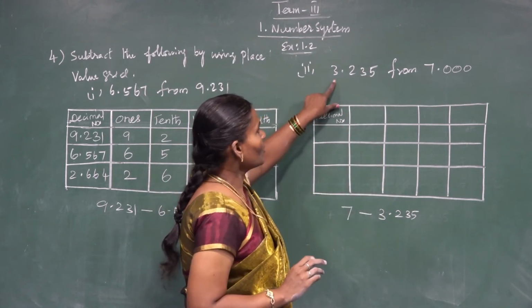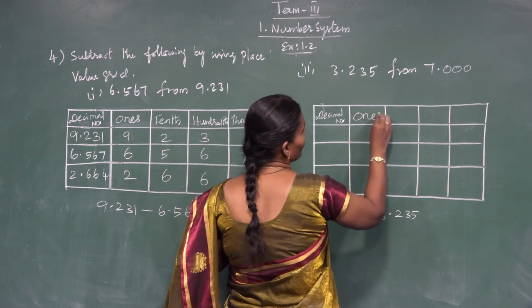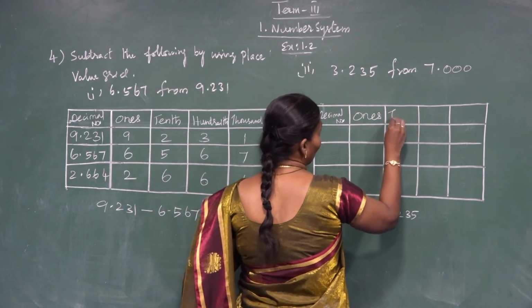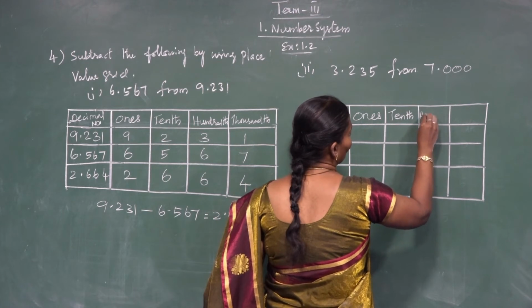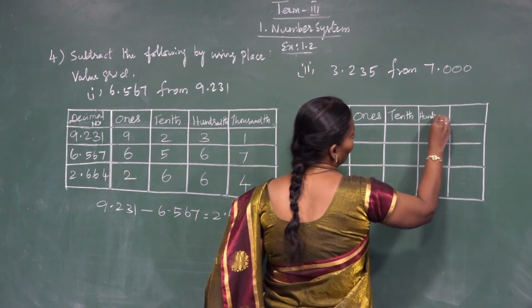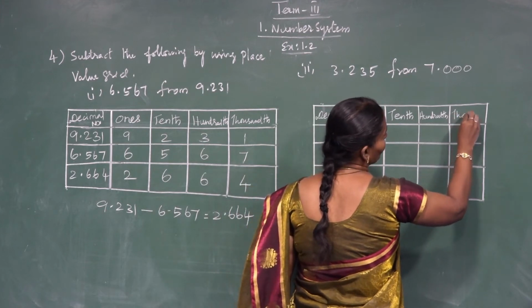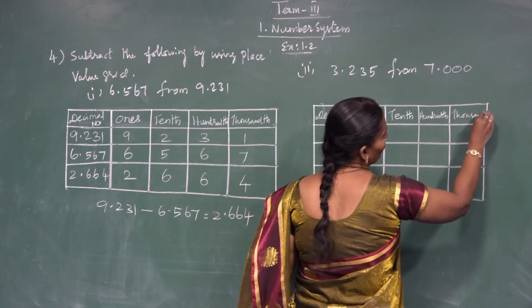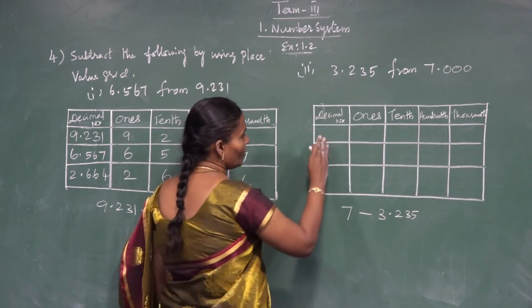Here the whole part is only one part, that is ones. In the decimal part, the first is 10th place, then next 100th, the next decimal place is 1000th, okay?